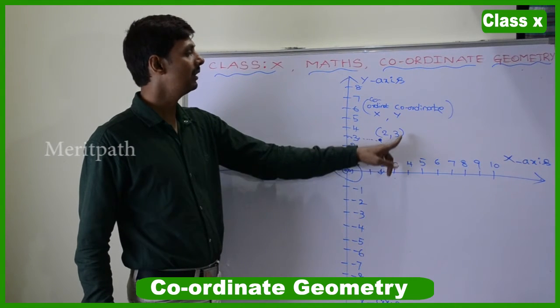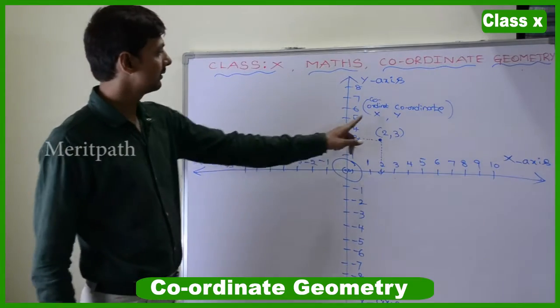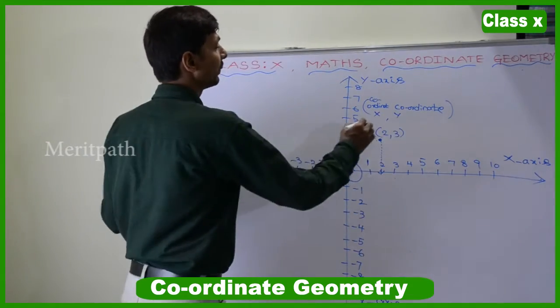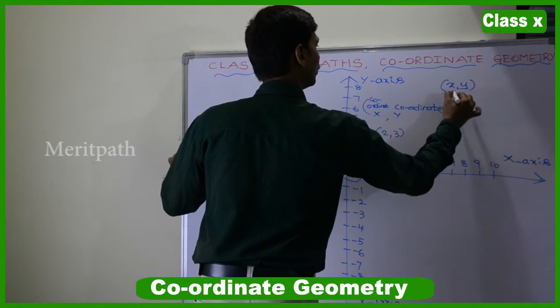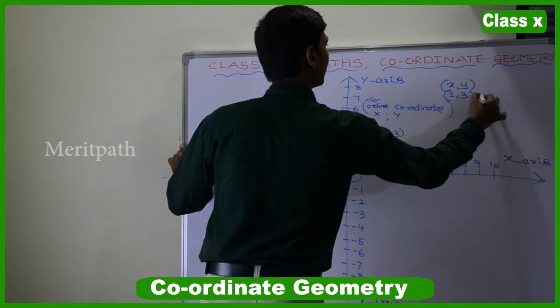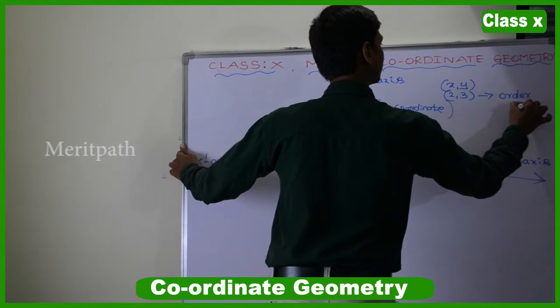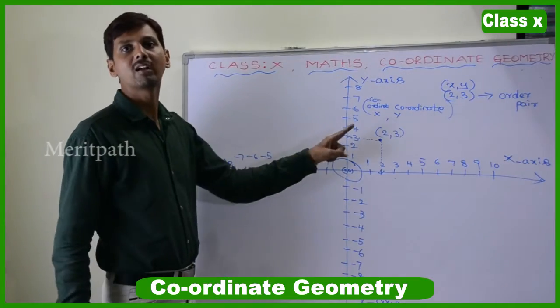So (2, 3) is a point, and together the x-coordinate and y-coordinate are called an ordered pair. So (x, y) or (2, 3) is the ordered pair.